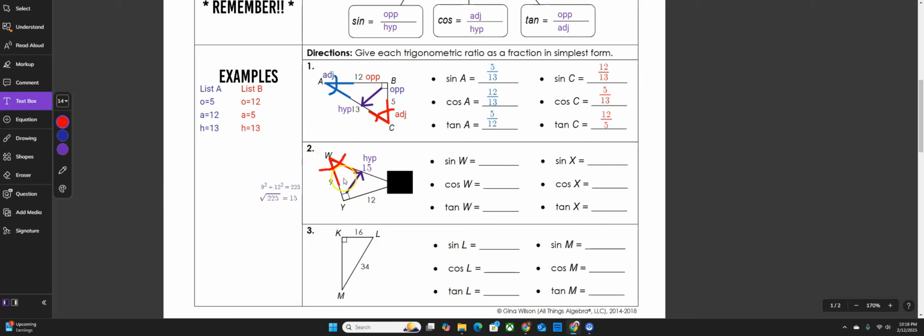I'm looking at angle W. The hypotenuse is already labeled, so therefore the other highlighted side is my adjacent side. It is the side touching the angle. And then, of course, the side that is not touching the angle is going to be our opposite side.